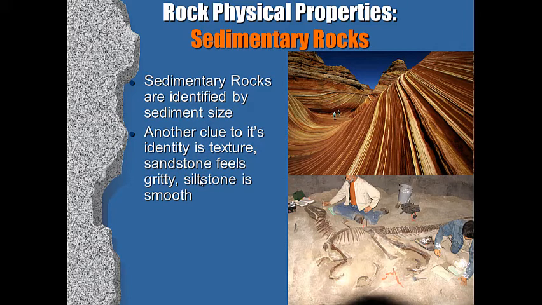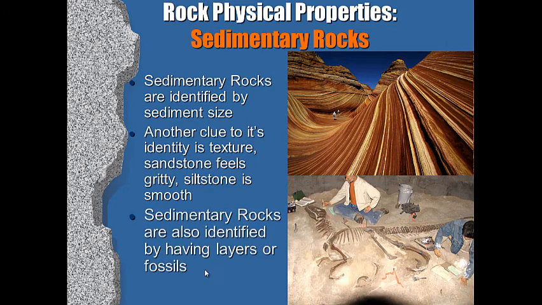Siltstone is a finer grained rock, so it feels smooth to the touch. Okay? And sedimentary rocks can also have layers, like this sandstone here. You can identify it by layers of different sand. Or sedimentary rocks have fossils, because animals die, they fall in the sand, or the sediment, or mud, and they get preserved over time. So sedimentary rocks have fossils in them.